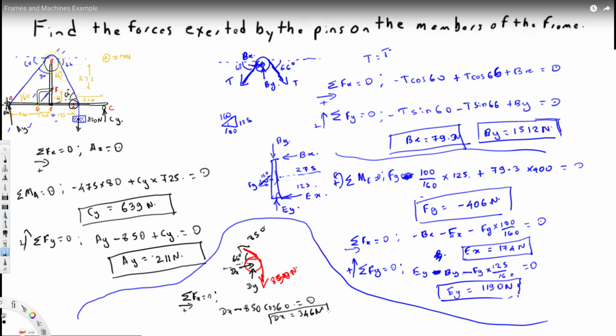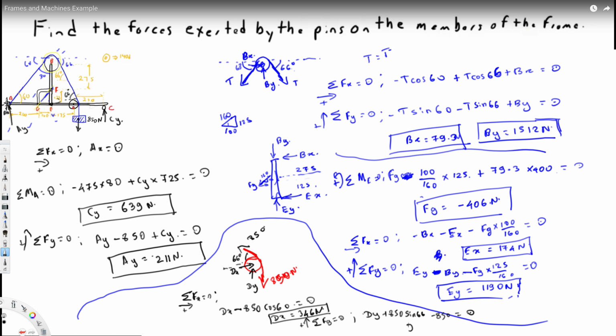So that's all we need to know, and we can find dy by using summation of f of y. If I take upper direction positive, I will get dy positive because it's acting upside, and 850 also upside, so it's going to be 850 sine 66 plus 850 sine 66, and we have 850 acting downside, so it's going to be negative 850 equal to 0.